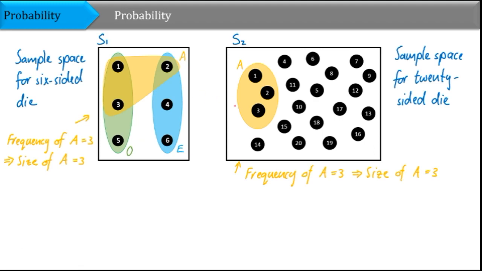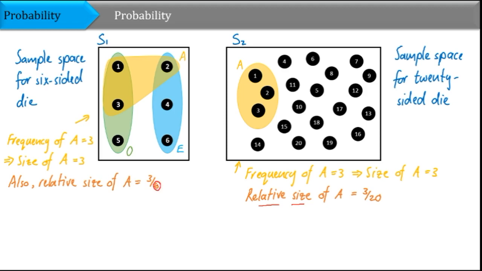However, if we look at the entire sample space, then we see that event A is not exactly the same for both, even though the frequency is 3 and it contains the first 3 outcomes, 1, 2, and 3. So if we look at what we call the relative size of event A, then we see that the relative size compared to the sample space is 3 over 6, which is a half, 0.5.